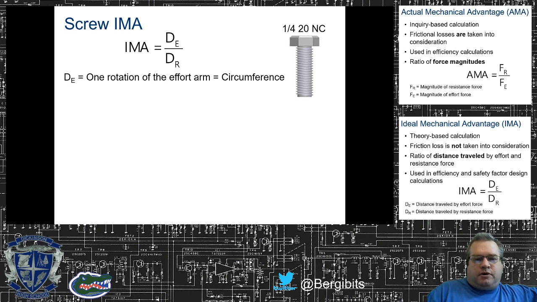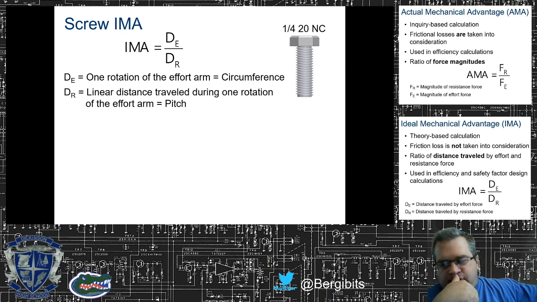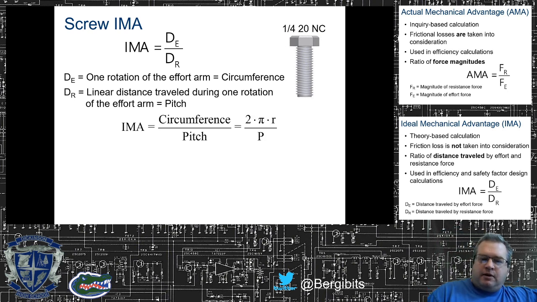All right, so IMA is effort over resistance, and the effort is the circumference. Resistance is the pitch. Remember, circumference is 2 pi r.